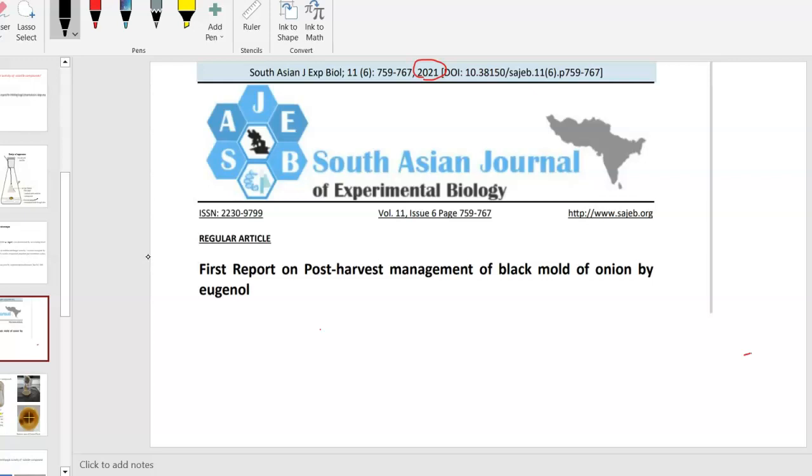Anyone interested to know more about this method, this technique, its procedure, how it is useful in determining various parameters of the volatile compound, can really refer to this paper.